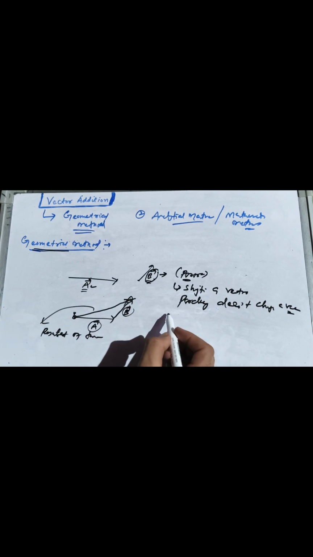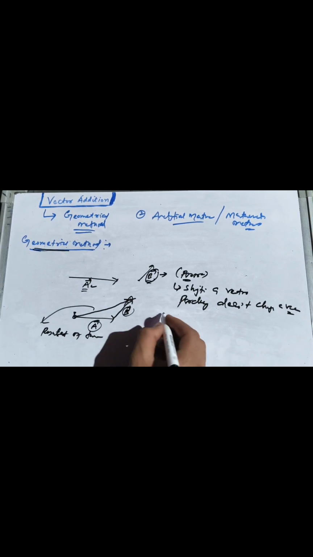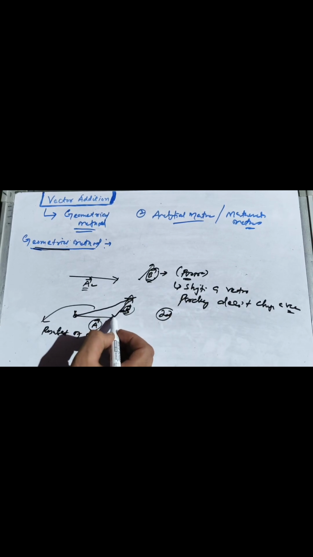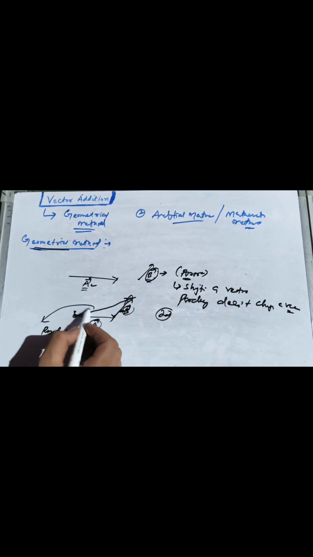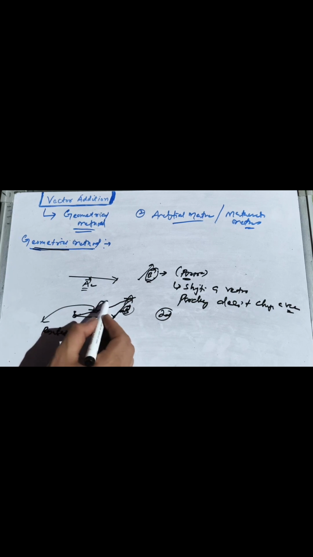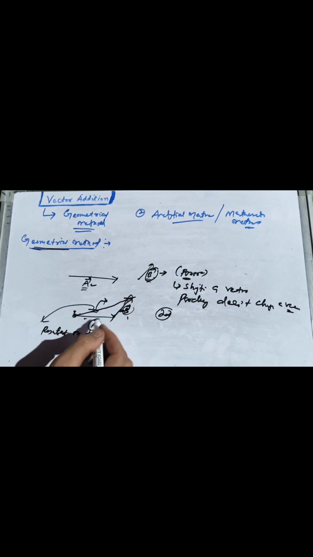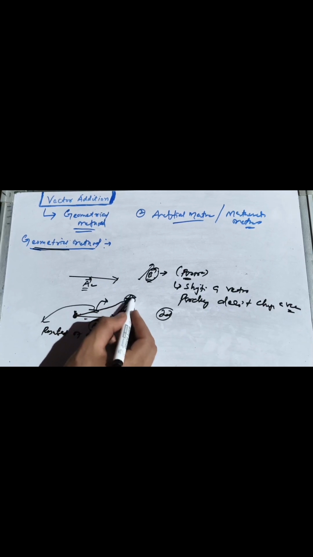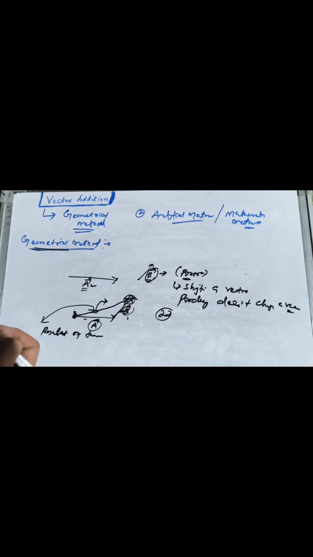If I take two vectors, we take the first vector, then the second vector, such that the tail of the second vector is put on the head of the first vector. Then the third vector gives me the resultant of these two vectors. I have to draw this third vector in such a way that its tail is on the tail of the first vector and its head coincides with the head of the second vector.